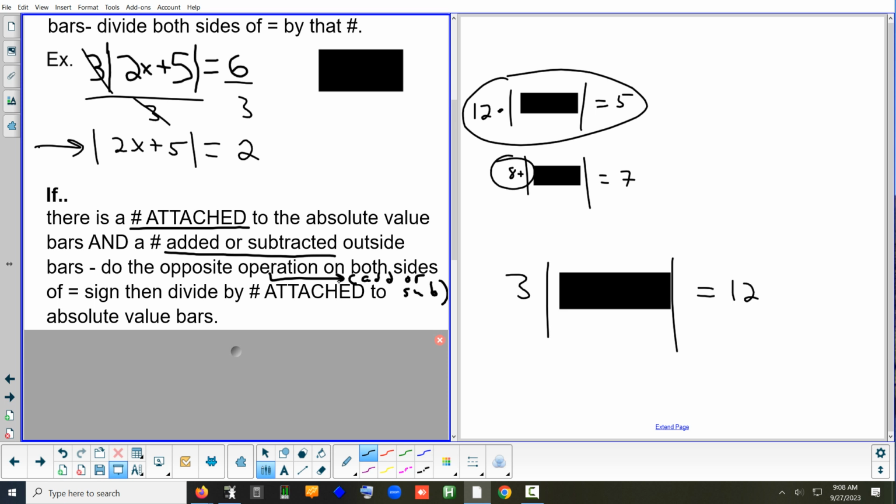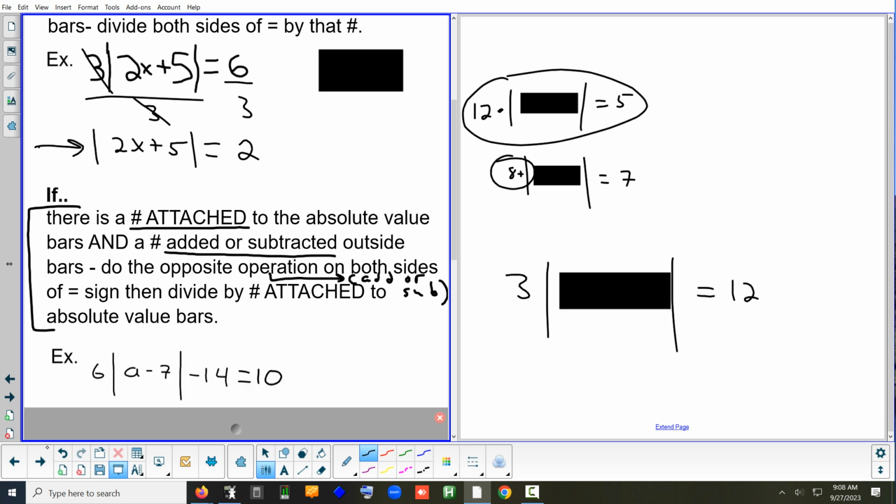You do that first. Then you do what we just learned: divide by the number that's attached. All right, so this would be the case where you've got two things outside the absolute value bars. Something like that.